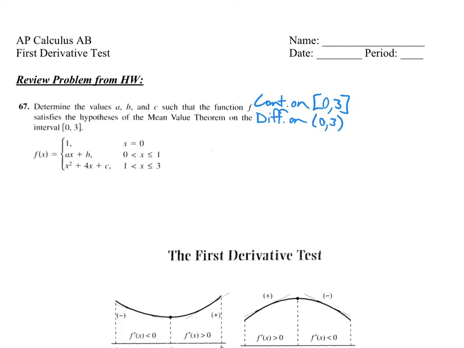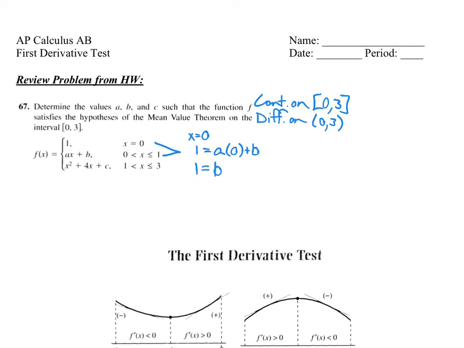So if I'm doing continuous, first of all, I need to make sure that when x equals 0, 1 equals a times 0 plus b. So that's kind of nice. b has to equal 1. And then I also need to double check the junction over here at 1.